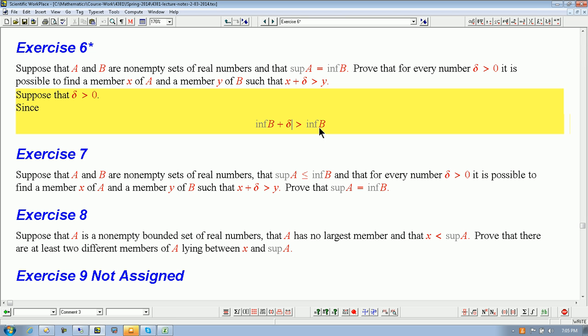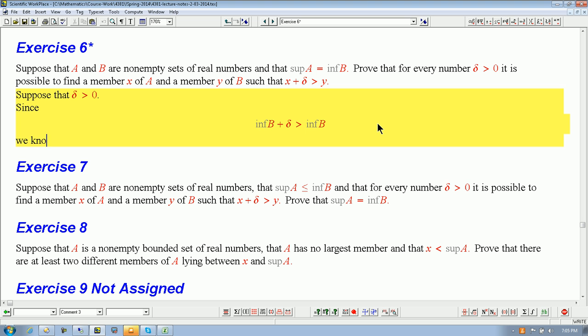Isn't it right? Since inf B plus delta is greater than the greatest lower bound of B, we know that inf B plus delta cannot be a lower bound of B. Do you understand?